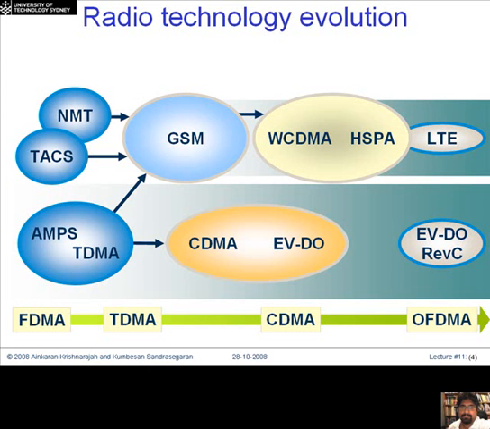And on these other technologies which are now being looked after by 3GPP2, you had CDMA, EVDO, and then hopefully it is envisaged that eventually even these technologies can evolve towards LTE.